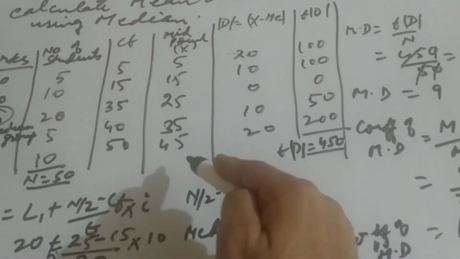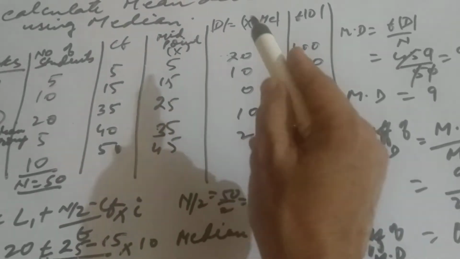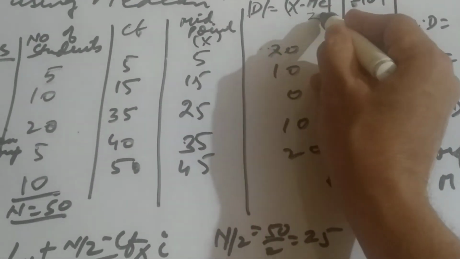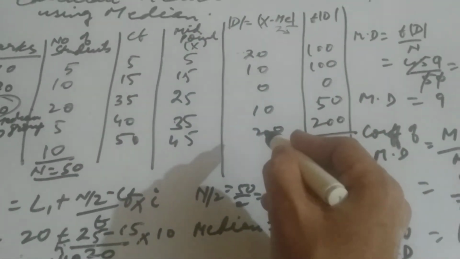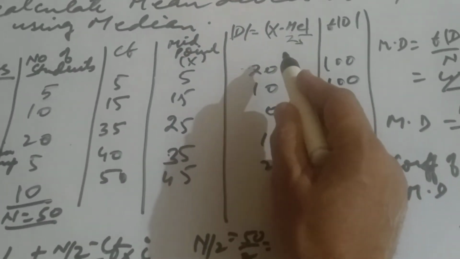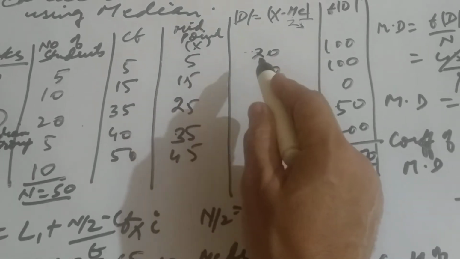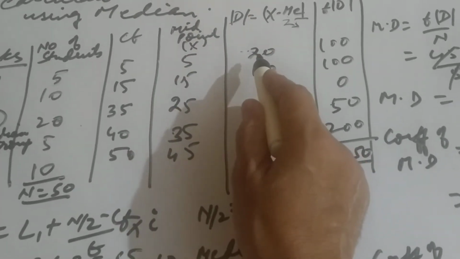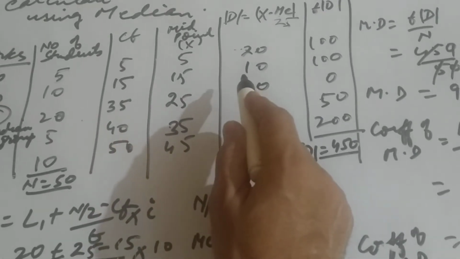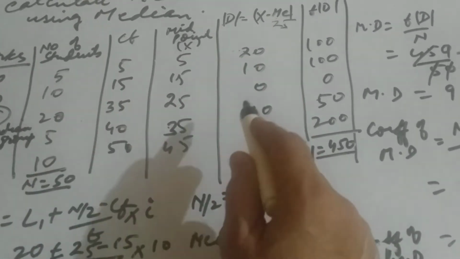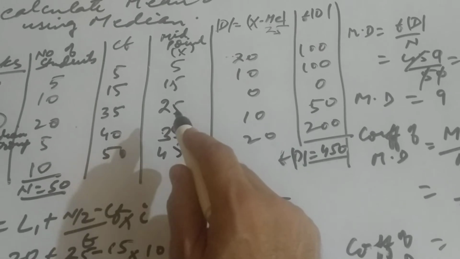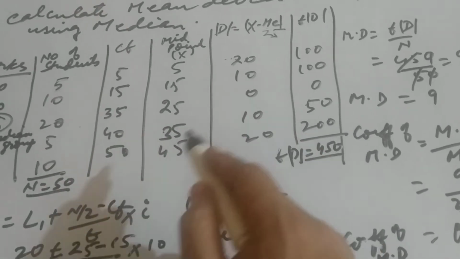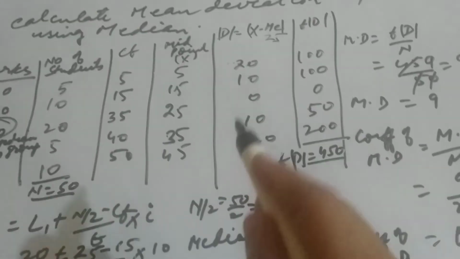From each x you deduct the median, 25. So 5 minus 25 gives minus 20, but since it is modulus we write 20. Then 15 minus 25 gives minus 10, but we write 10. 25 minus 25 is 0, 35 minus 25 is 10, 45 minus 25 is 20.